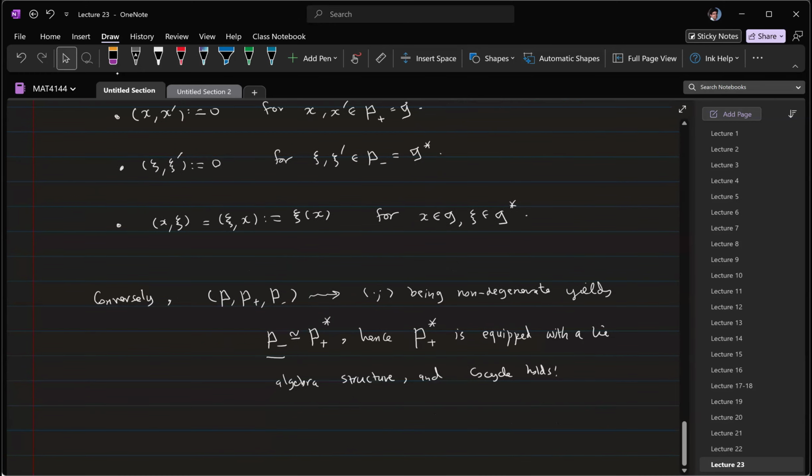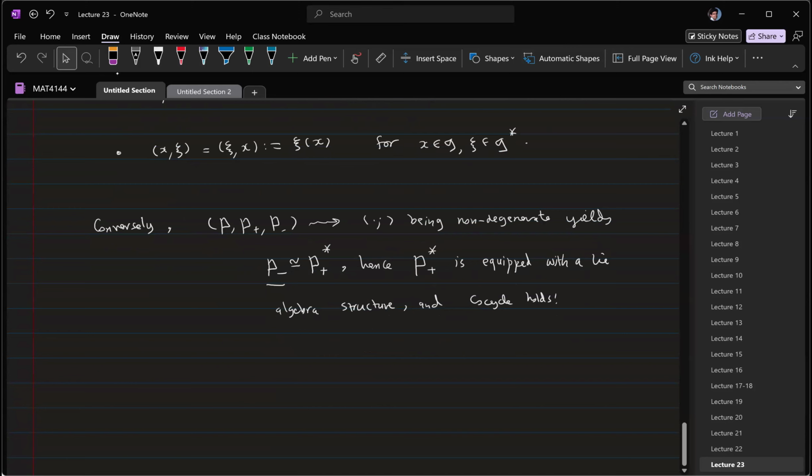So what is that Lie algebra structure? That will come from the following lemma, which is an interesting ingredient of this picture. So here's the lemma.